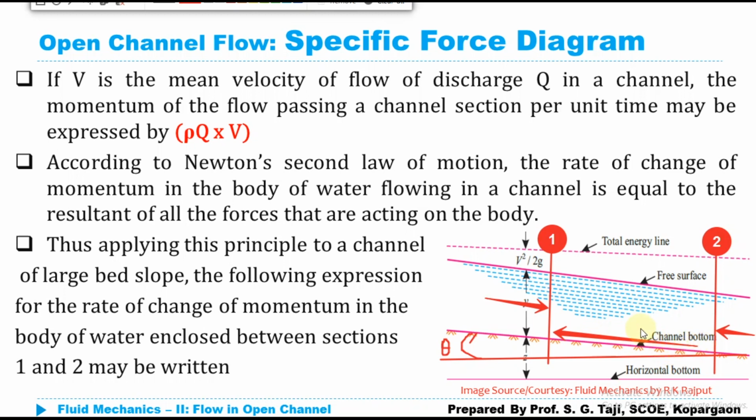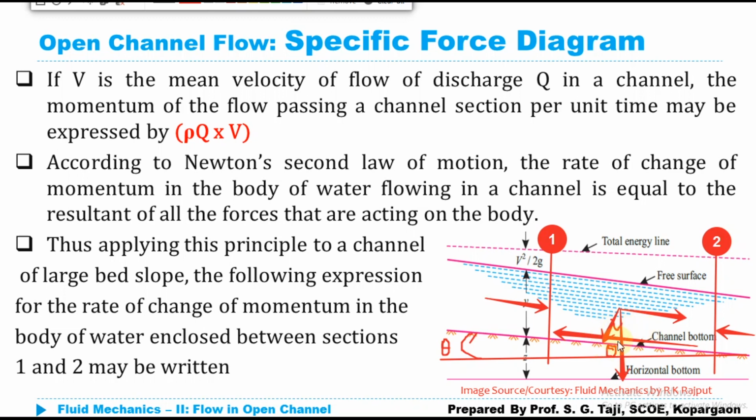Another force acts in the downward direction, and that is obviously the weight of the fluid available between section 1 and section 2, acting vertically downward. If the channel slope is theta, I can resolve this weight into two components. One component acts along the direction of motion or direction of flow, and another acts normal to the direction of motion or normal to the bed of the channel, making an angle theta with respect to the vertical.